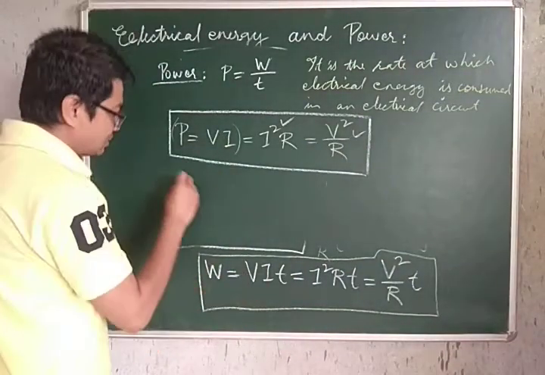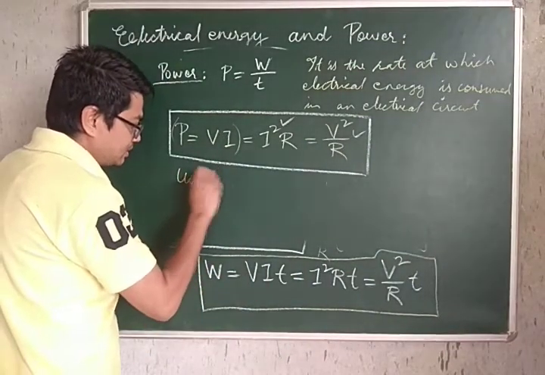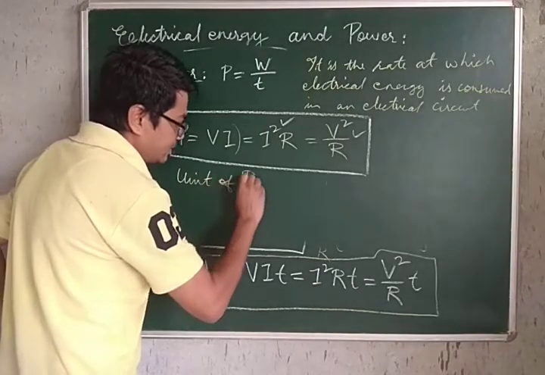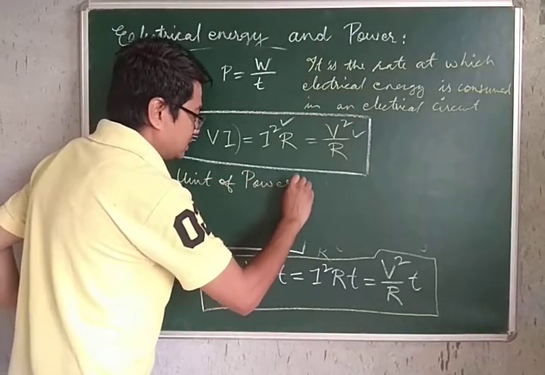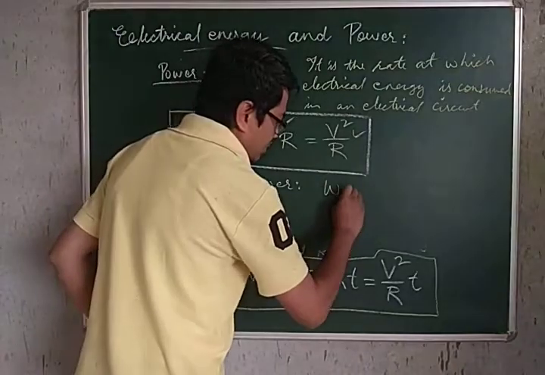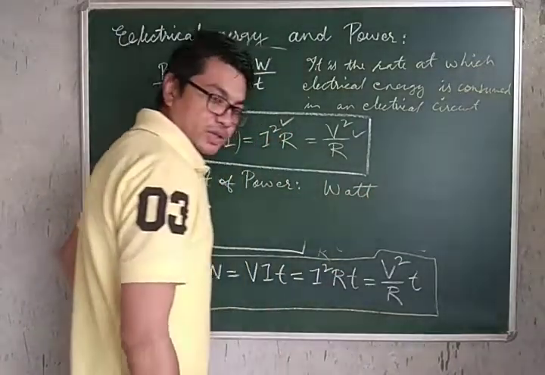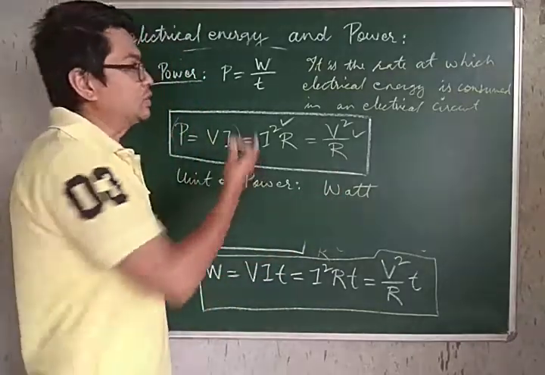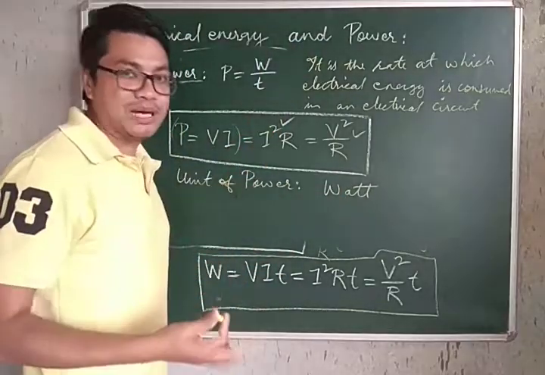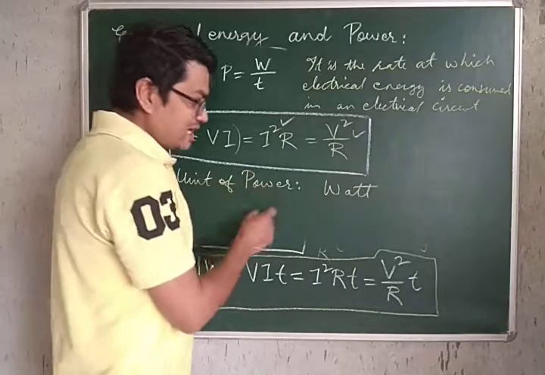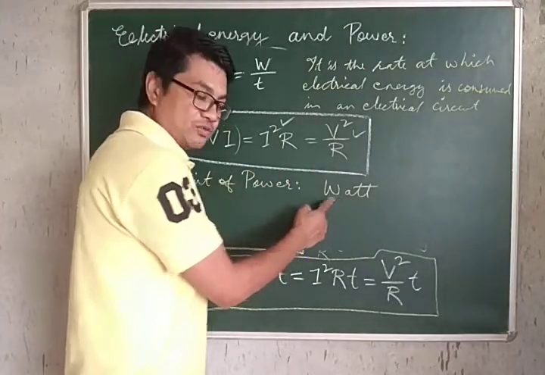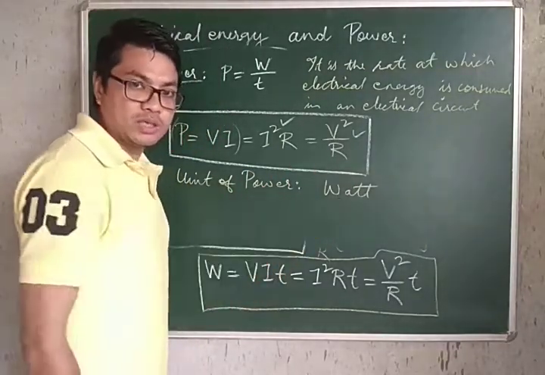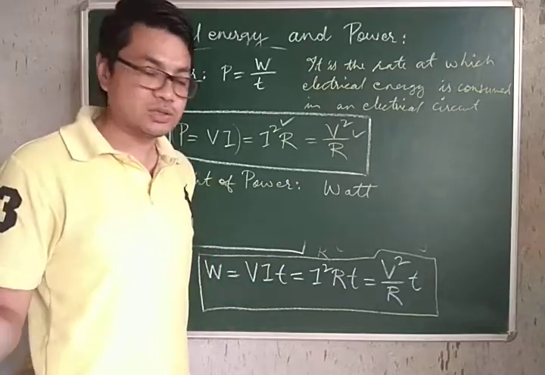Alright? So these are the expressions for power. Talking about unit of power, it's the same that you've already studied. Unit of power is watt. This is what is generally used when we talk about electrical power. So with regard to electrical power, the most basic unit of power that is used is watt. Of course, there are other units of power also.